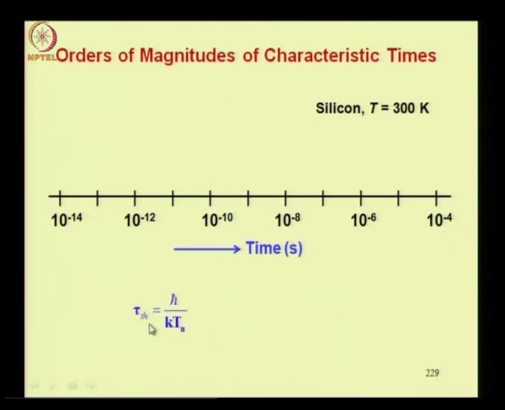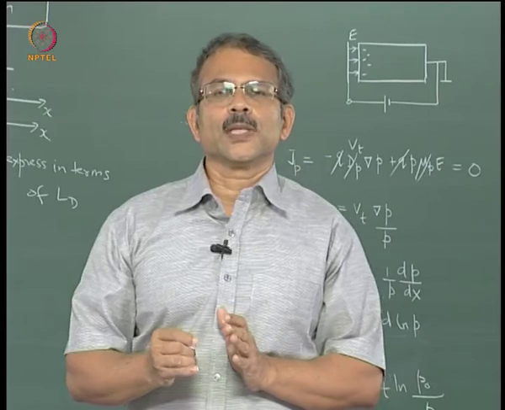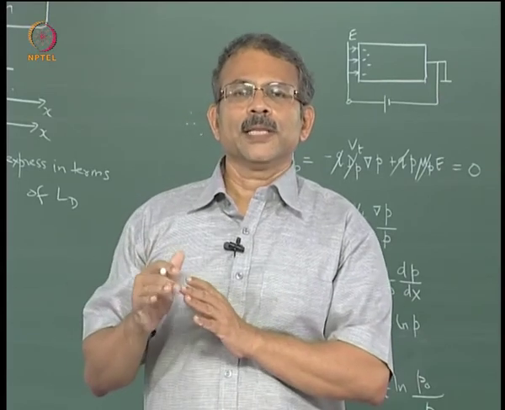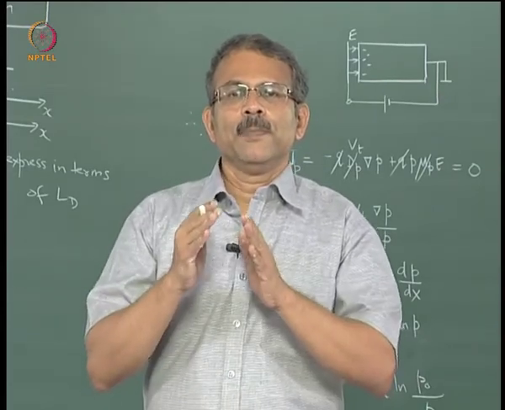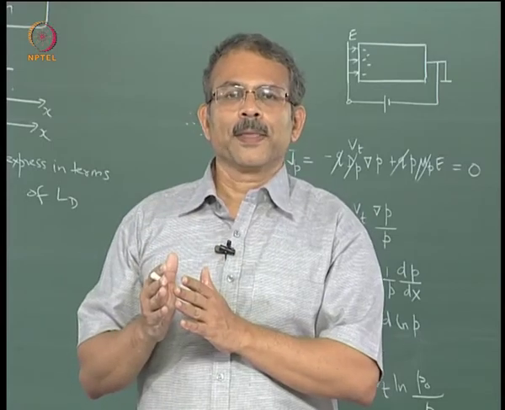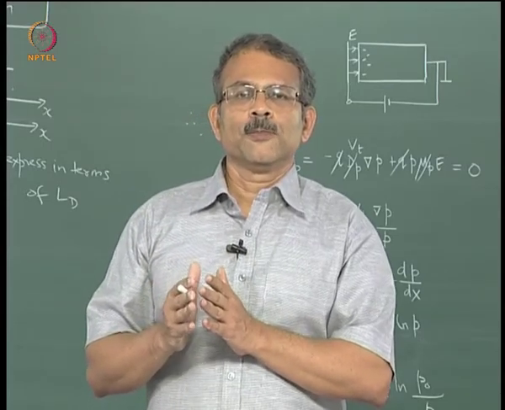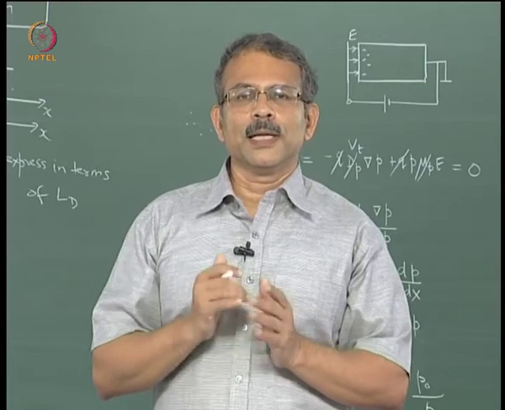Let us start with the time constant that emerges from the equation E equal to h nu, the Planck's relation. This time constant is analogous to the wavelength that emerges from the equation p is equal to h by lambda. What does the time constant tau thermal denote?